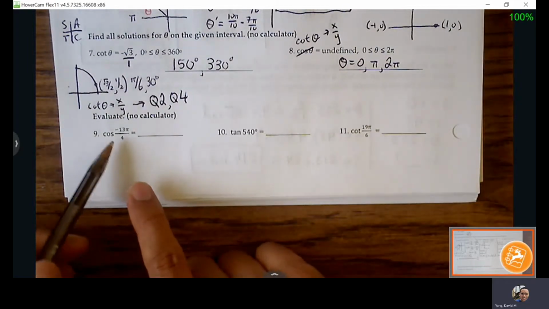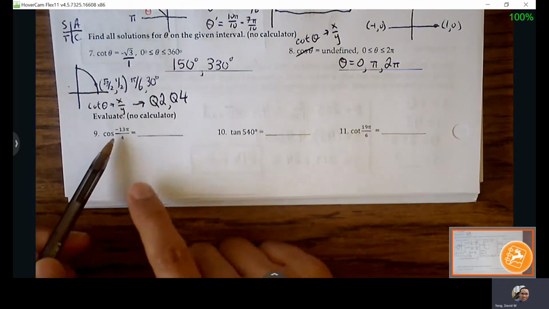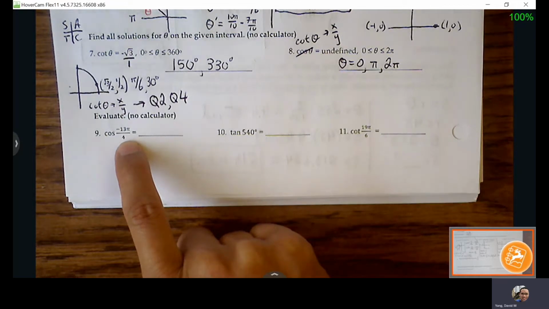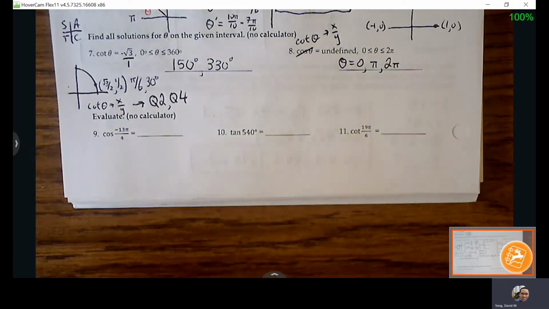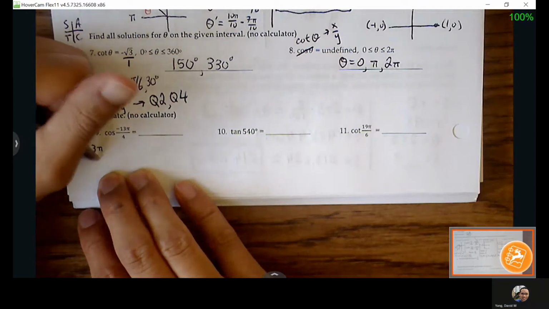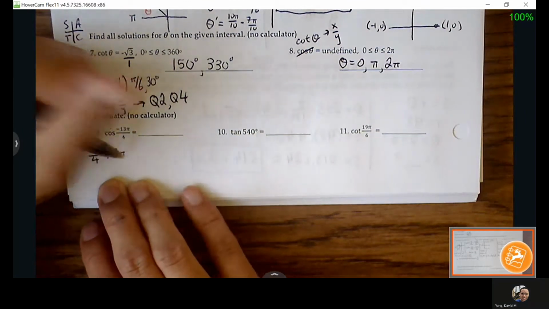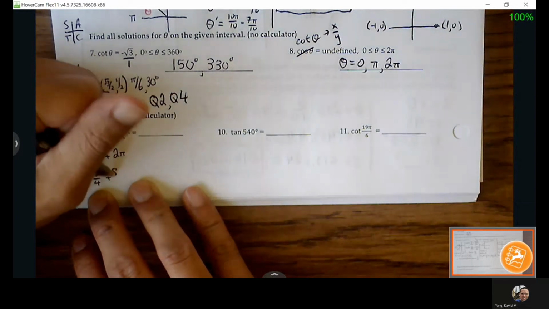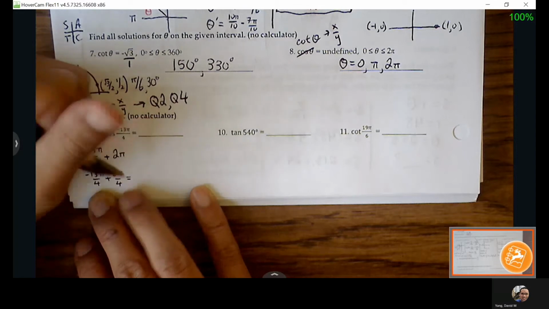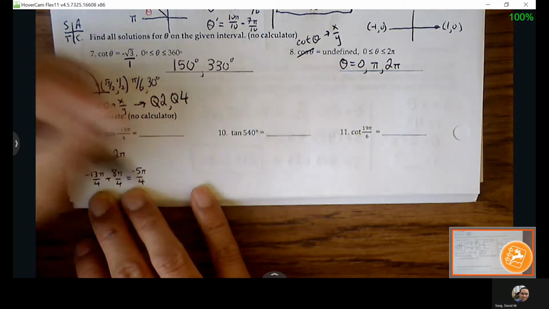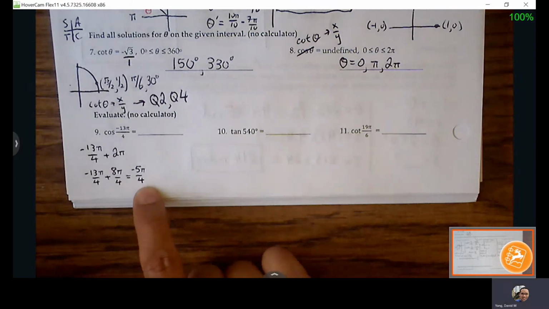Okay, cosine of negative 13 pi over 4. We want to use our unit circle, but we want to get this into something that we can recognize. So we're going to keep adding. Remember, we can always add or subtract 2 pi or 360 to get it into that 0 to 2 pi range. Still not enough.